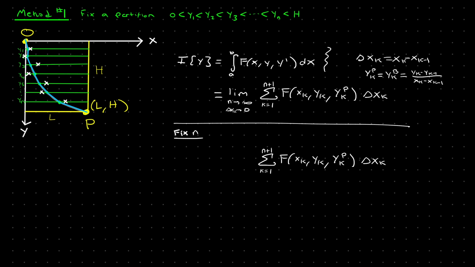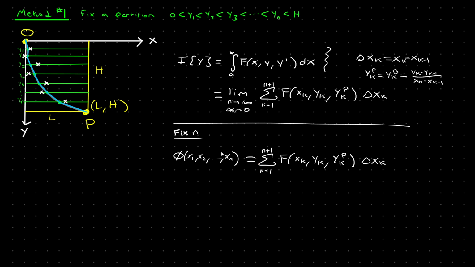And when we do this, we have that this summation depends only on the x's. So this is a multivariable function phi of x1, x2, all the way up to xn, all of the possible x values that we can choose.